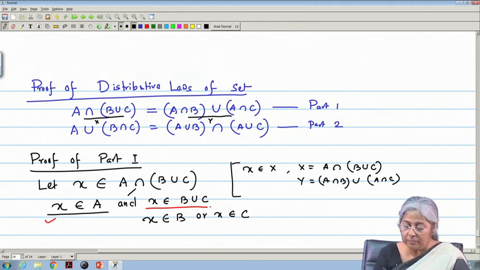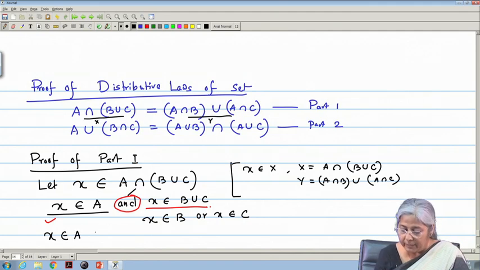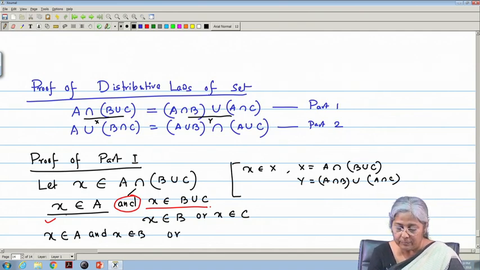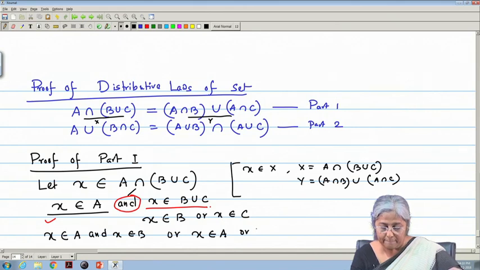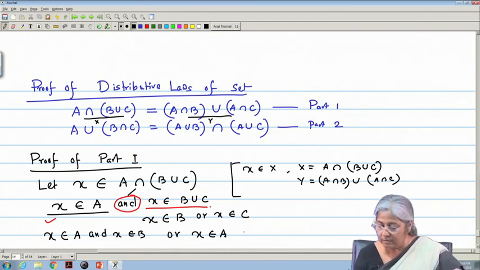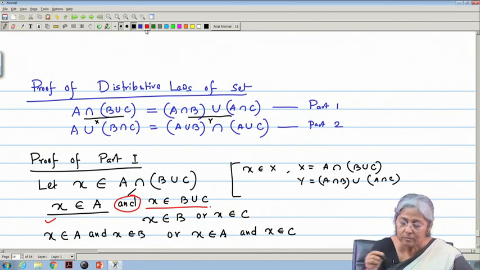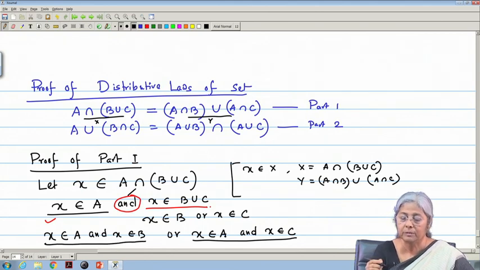So, now I can write that x belongs to A and x belongs to B, or x belongs to A and x belongs to C. This is one part I can write.